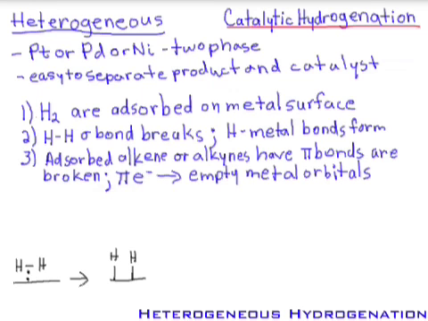So if I was to continue my metal surface, we not only have H-H bound to the surface, but our alkene has come in, the pi bond is broken, and it's interacting through the two p orbitals. And it's on the surface.